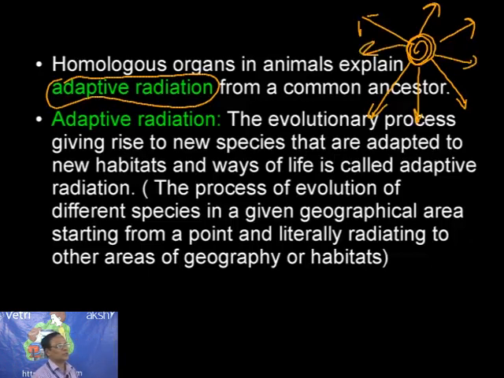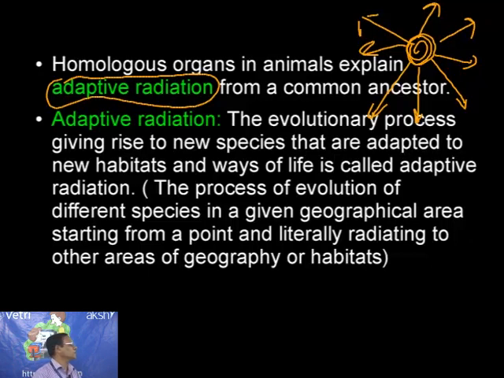One central point, the starting point, and from that point, different groups of organisms radiate, adapted to various habitats or geography. The evolution of different species by a process of evolution happening in a given geographical area, starting from a central point, which is nothing but an ancestor. From the ancestral form, many new forms have originated.